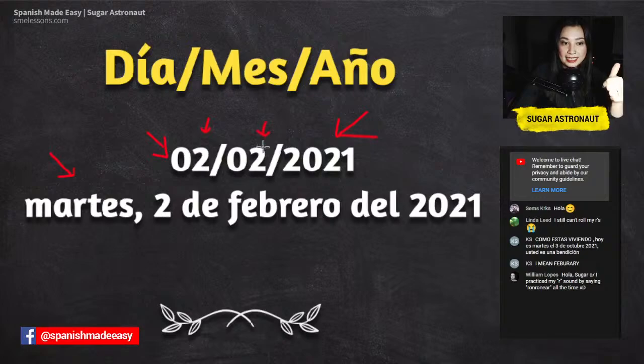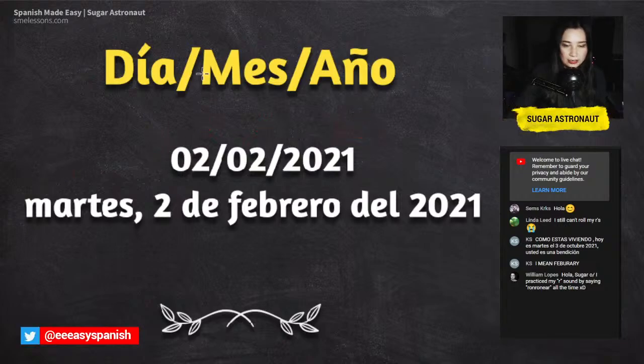And the month is February, because February is the 2nd month of the year. And also we just have the year. So that's pretty straightforward. If you see this in Spanish, no big deal, but just remember that the first number is the day, okay? And then the month, and then the year.